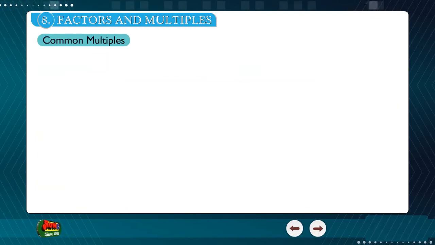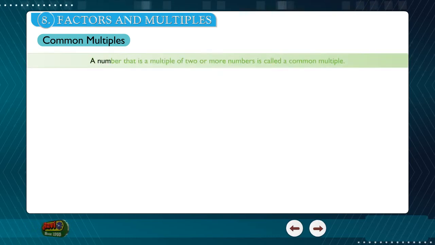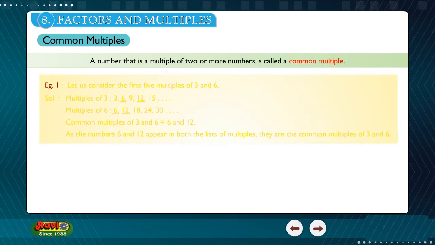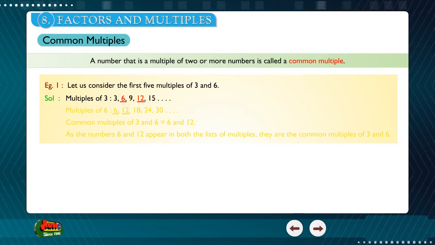Common multiples. A number that is a multiple of 2 or more numbers is called a common multiple. Example 1. Let us consider the first 5 multiples of 3 and 6. Solution: multiples of 3: 3, 6, 9, 12, 15 and so on.